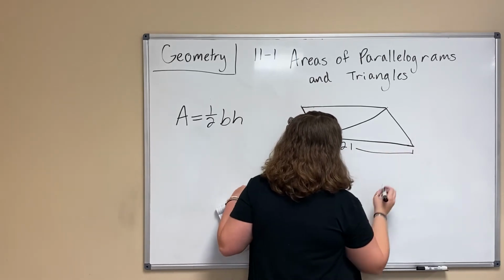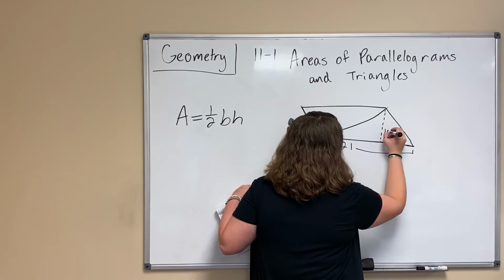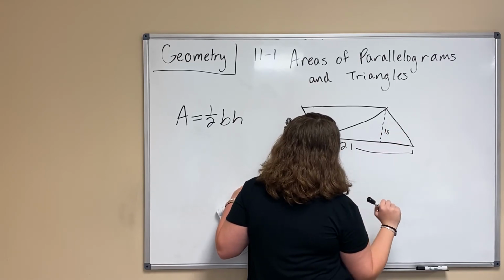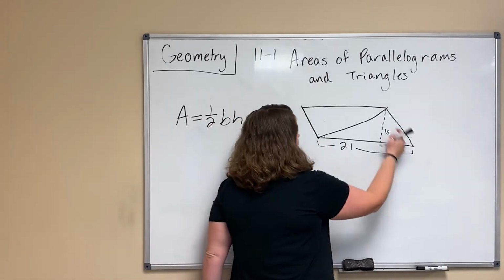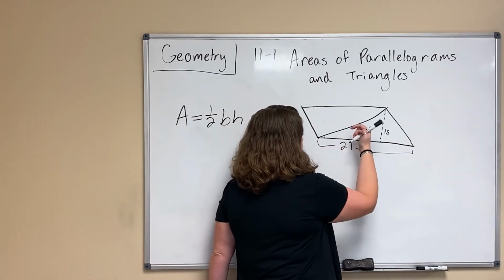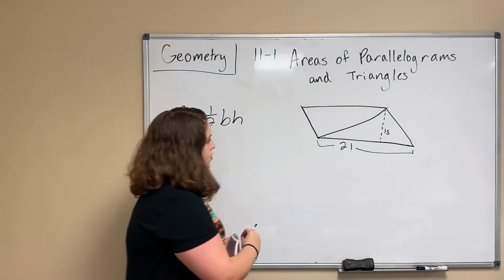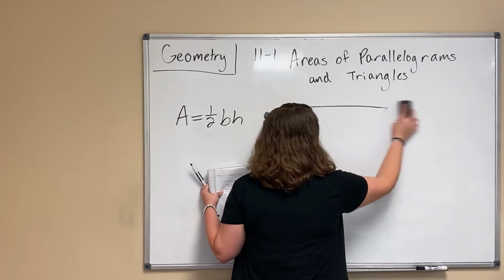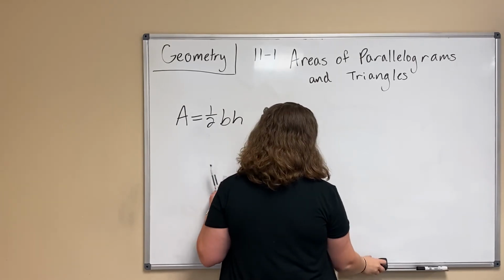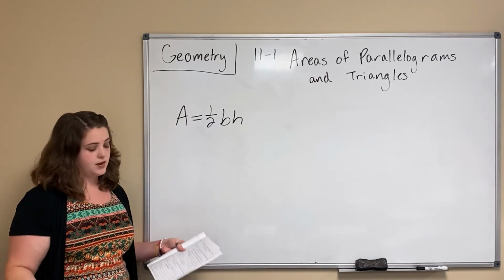That's still the same. And my height is still going to work out to be 15, just like before. But instead of it being this whole area of the parallelogram, it's only this half. Hopefully that makes sense. We're going to use this formula. Primarily, you'll be solving for area and perimeter, but you can also use this formula to solve for missing values.